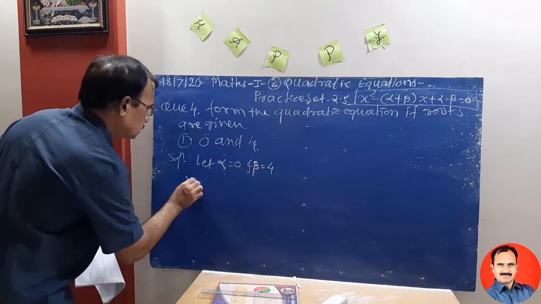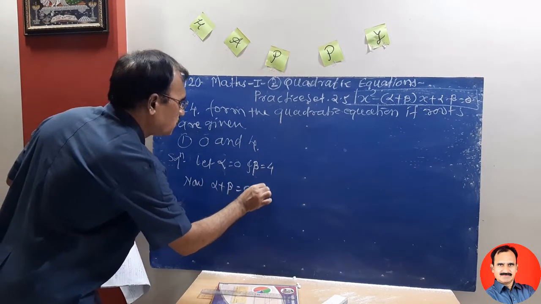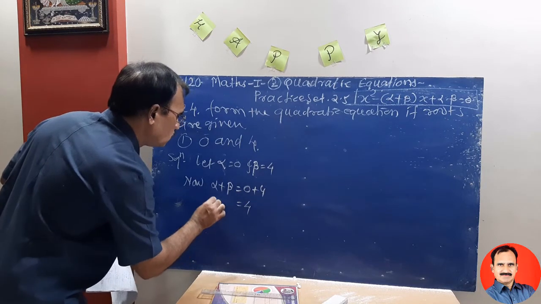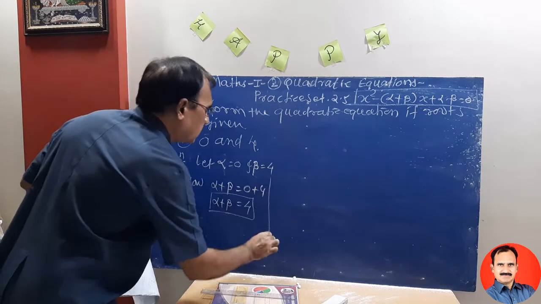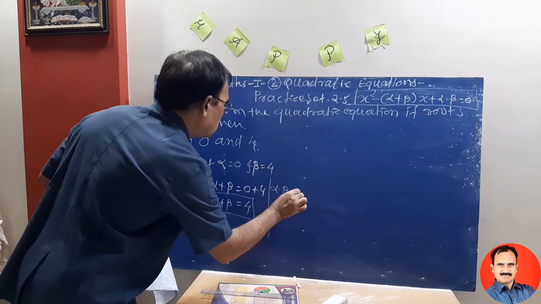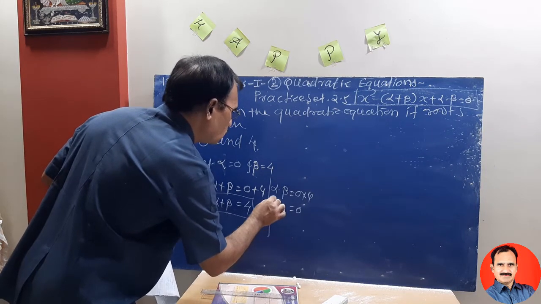Now, alpha plus beta is equal to 0 plus 4 is equal to 4. And alpha into beta is equal to 0 into 4 is equal to 0.